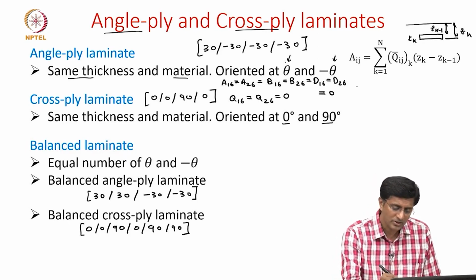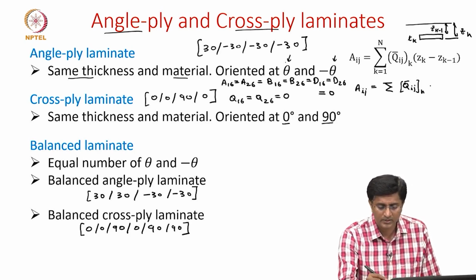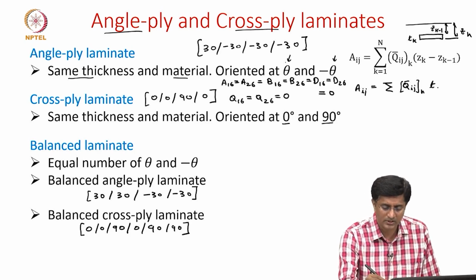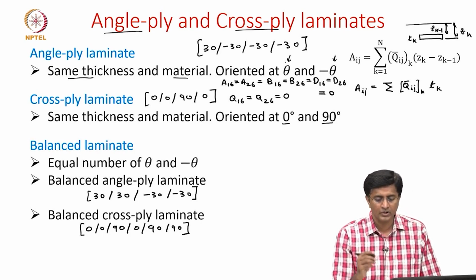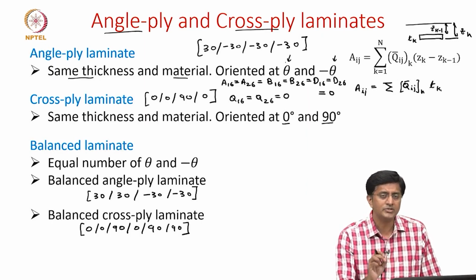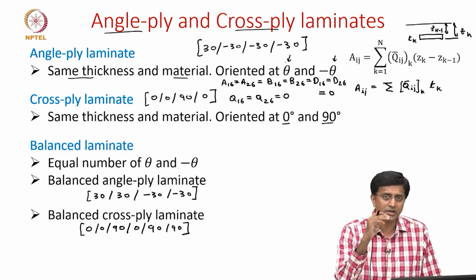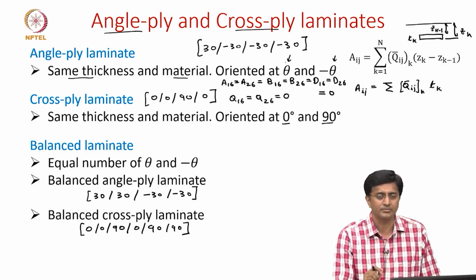So let's say this is Tk, the thickness of the kth layer. Essentially we can write Aij as the summation of Qij for the kth layer times the thickness Tk. The point I am trying to make here is, let me ask you a question. Will it matter what the real sequence of the layers is?